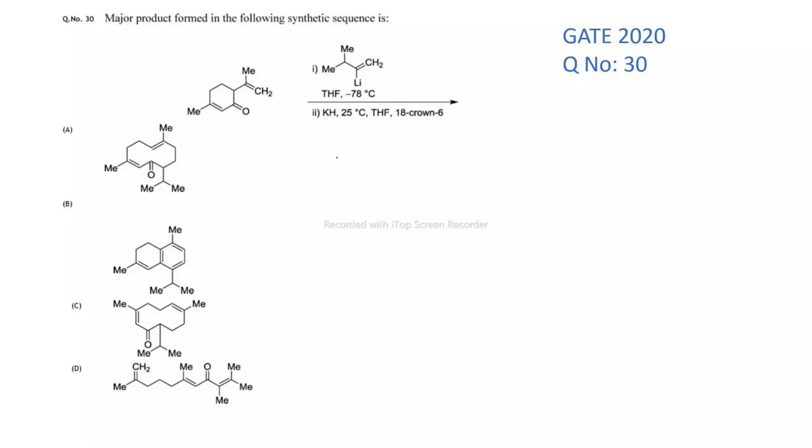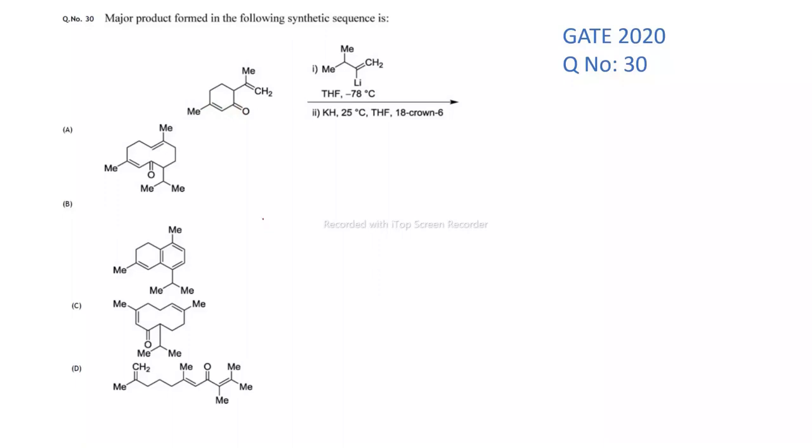So let's see our substrate. In our substrate there are 1, 2, 3, 4 centers. This is an alpha beta unsaturated compound and here is the isolated double bond. So where will the lithium attack, at this 2 center or 4 center? That we have to find, followed by the conjugate reaction.